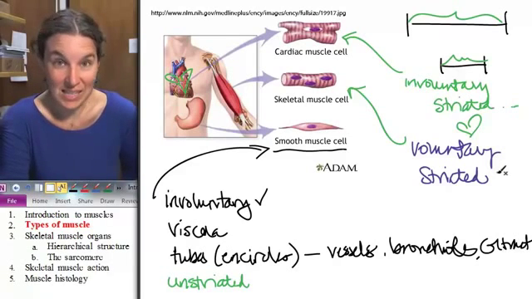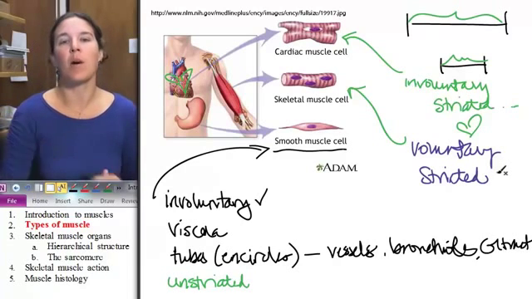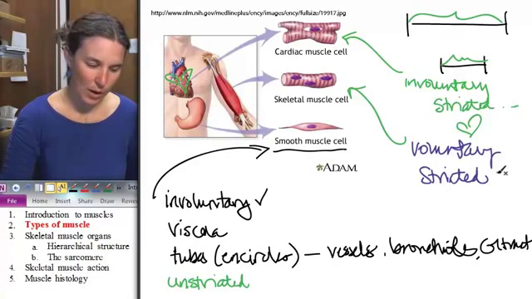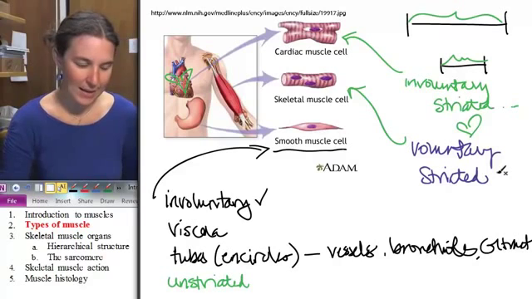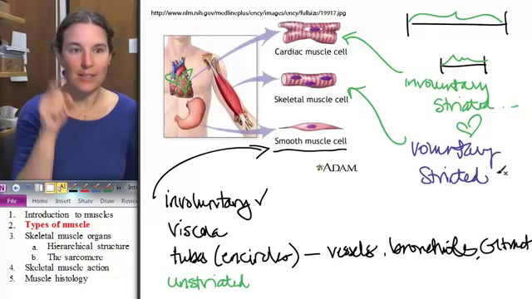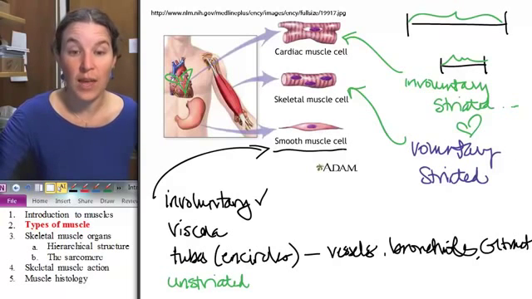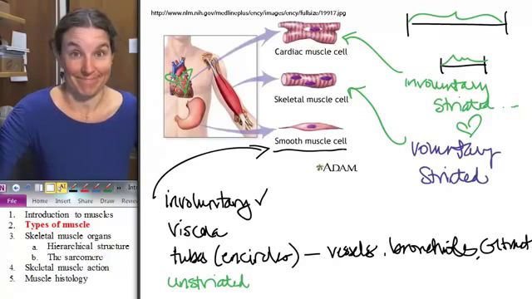We've got 77 of them to learn. And all of them are made of skeletal muscle tissue, which is voluntary striated tissue. Let's do this. Let's take a look at the skeletal muscle organ itself and get started.